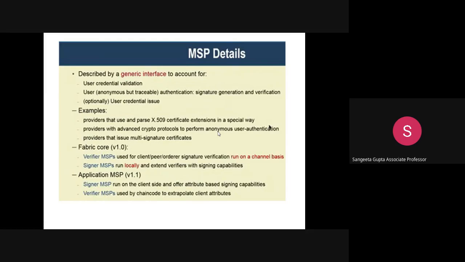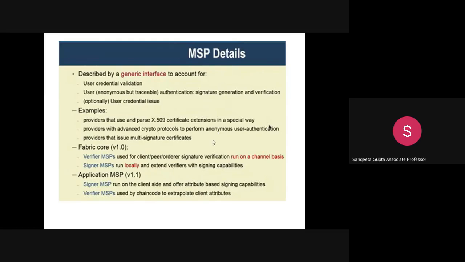You have to add pluggable components which are compatible with those components or algorithms which already exist. Suppose X.509 is a certification authority that has to be implemented across all the organizations. If some organizations are not comfortable using that, then the only solution is to switch their environment. There is no other possibility. But if they want to add some extensions, they can do that.